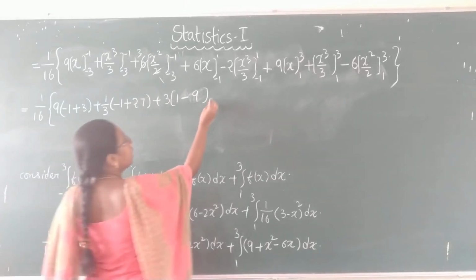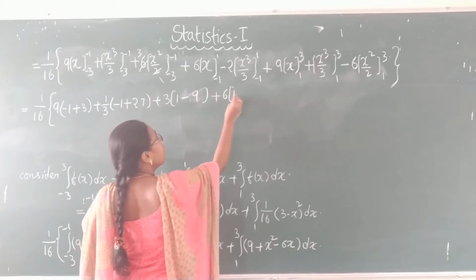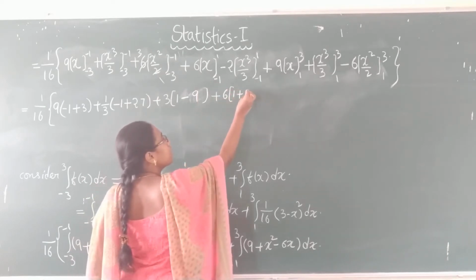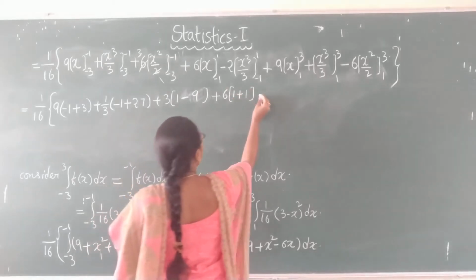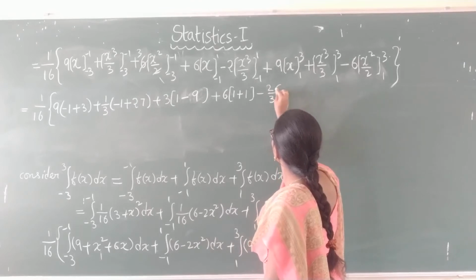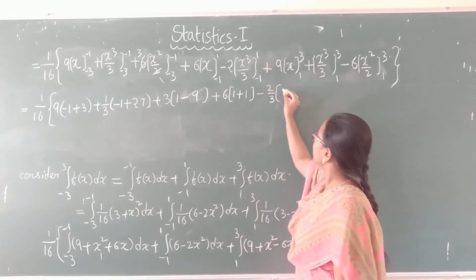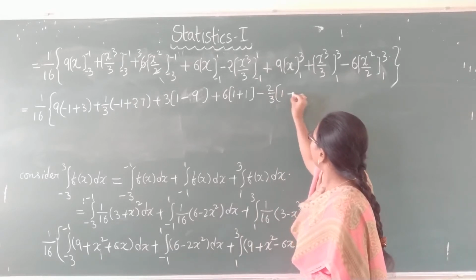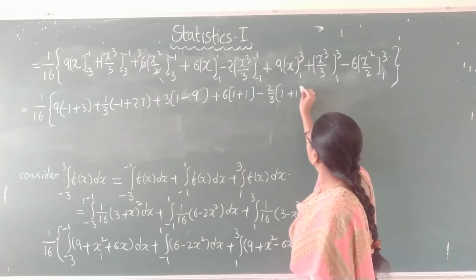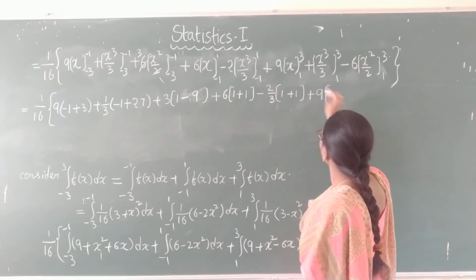Plus next is 6 into upper limit is 1 minus lower limit is minus 1. So minus into minus plus 1, minus 2 by 3 is constant. Now apply the limits. x cube, 1 cube is 1 minus of minus 1 cube is minus 1. So plus 1 plus 9 into here x.